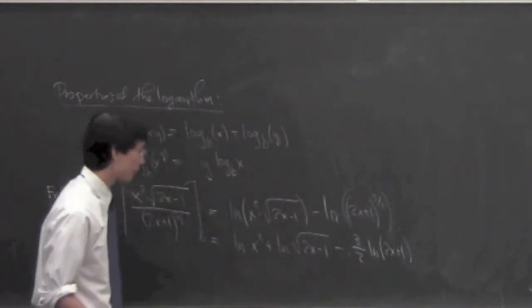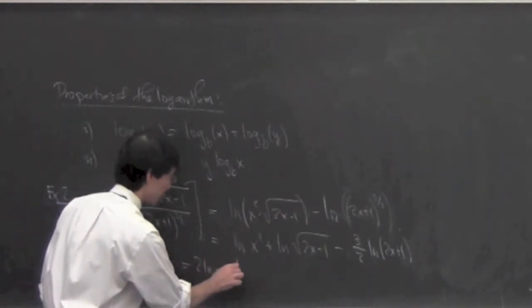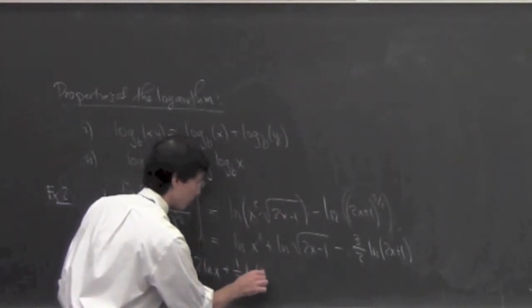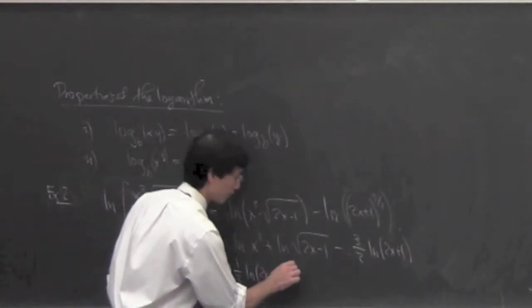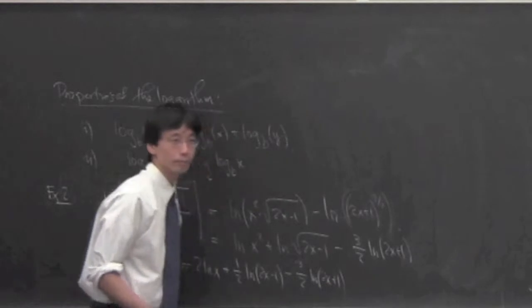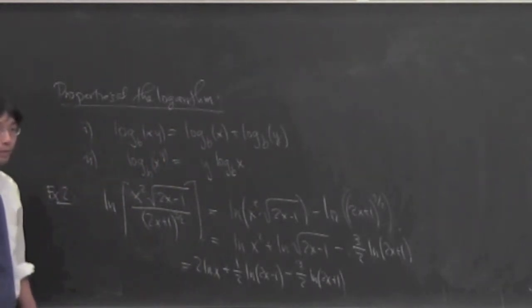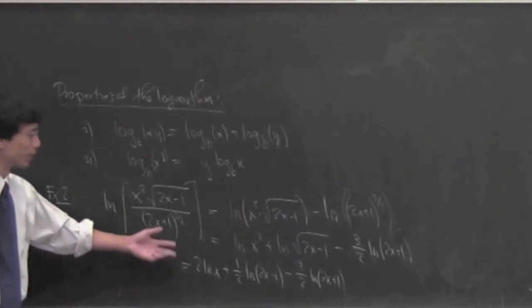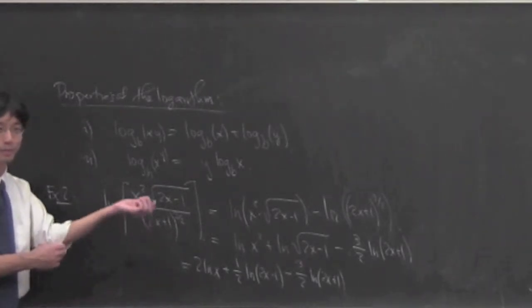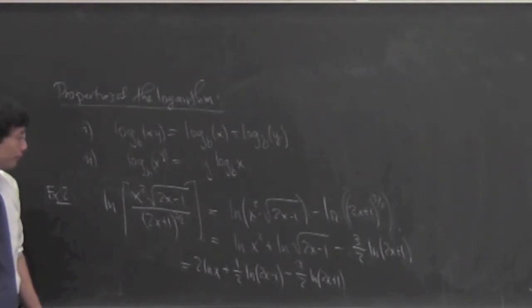And then you can pull out the 2, put it in front of ln x, and then pull out 1 half, put it in front of ln (2x minus 1), and then minus 3 halves ln (2x plus 1). Okay, and that's about it. Can't do much further. If you start doing more things, you're going to head backwards. So that's good.